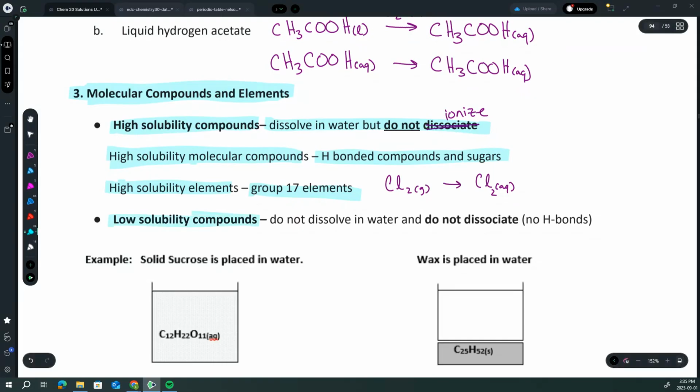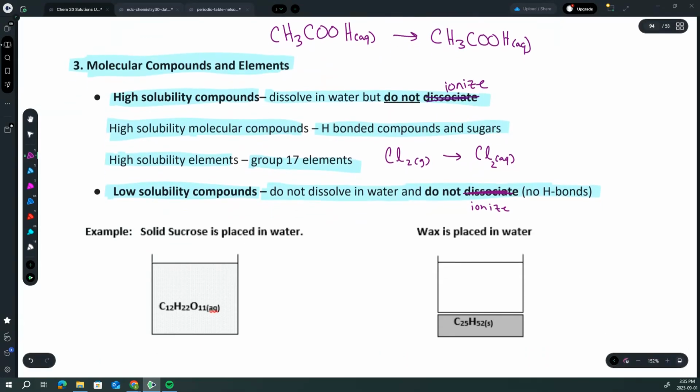For our low solubility compounds, those are going to not dissolve in water and don't, it says dissociate, but we should put ionize there. So it's not going to have any hydrogen bonds.